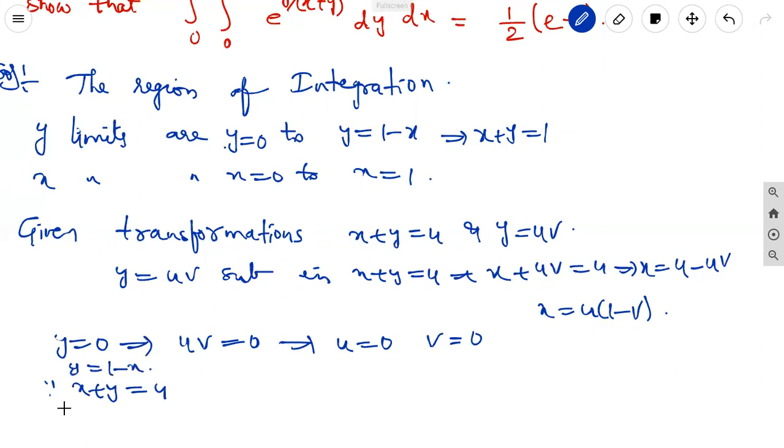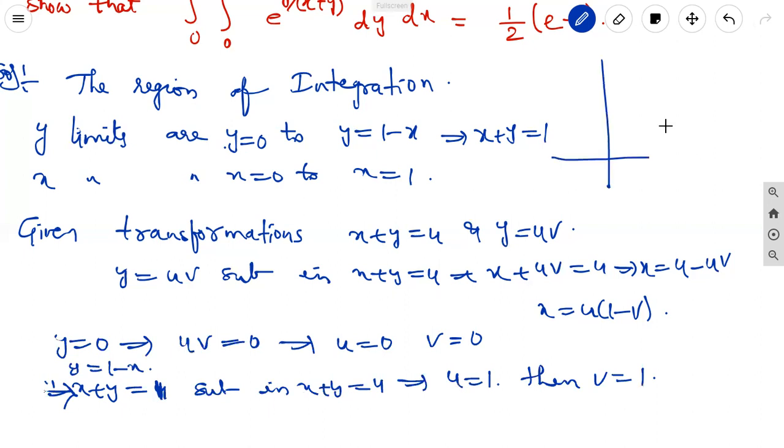Substitute in x plus y equal to u. From this, u equal to 1. If u equal to 1, then v is also equal to 1. The limits of u and v are 0 to 1 and 0 to 1.